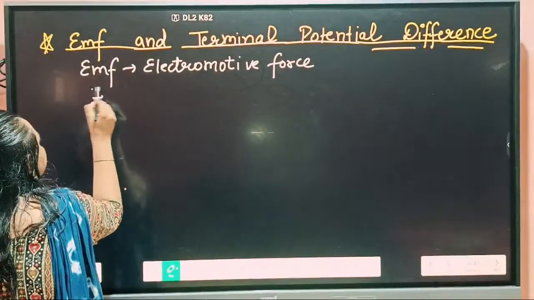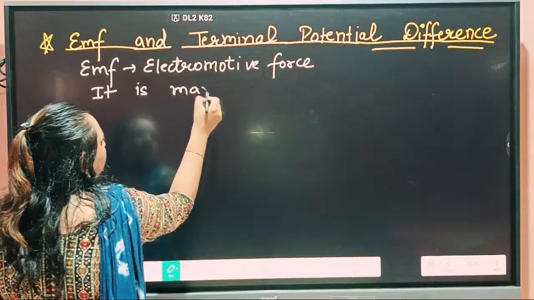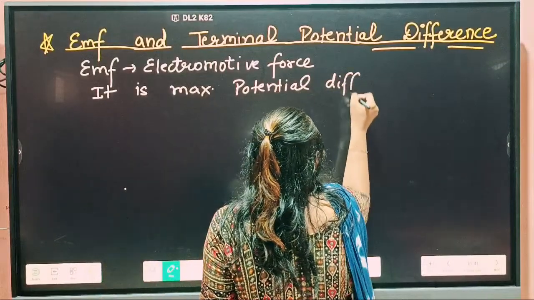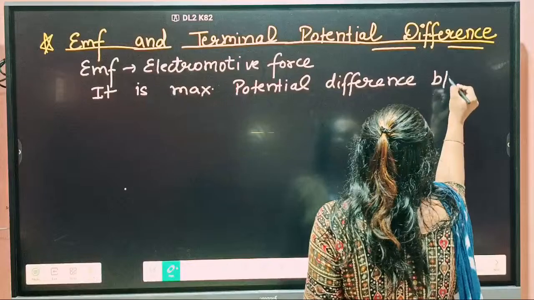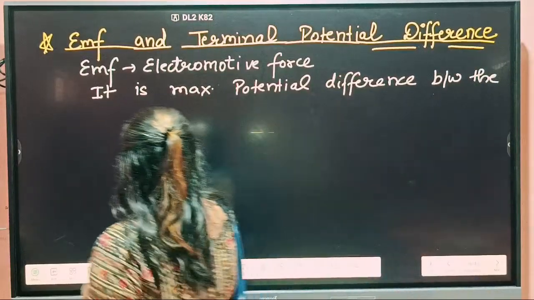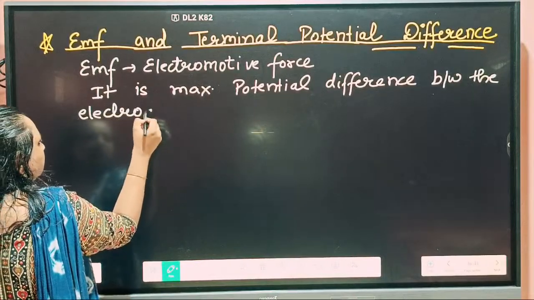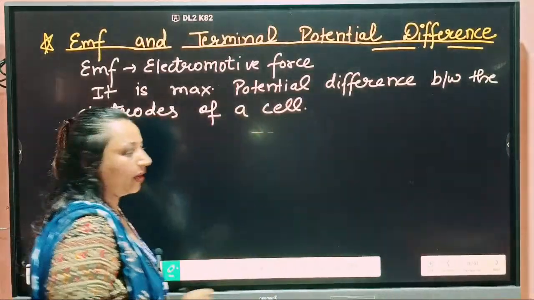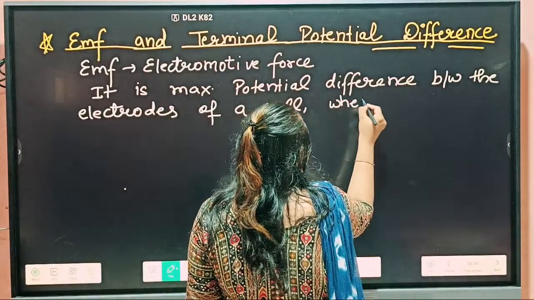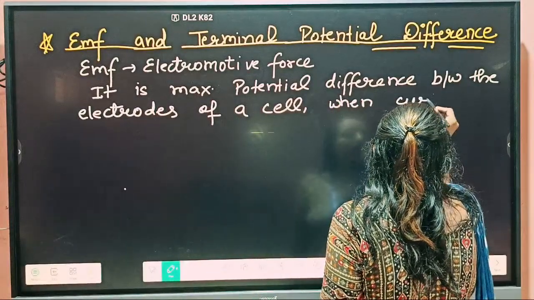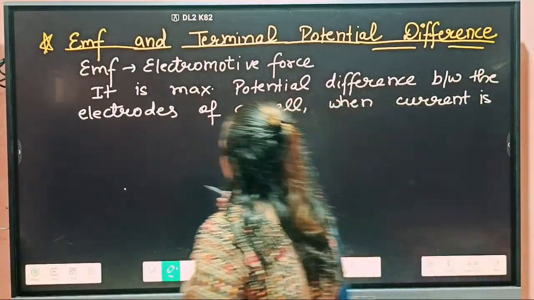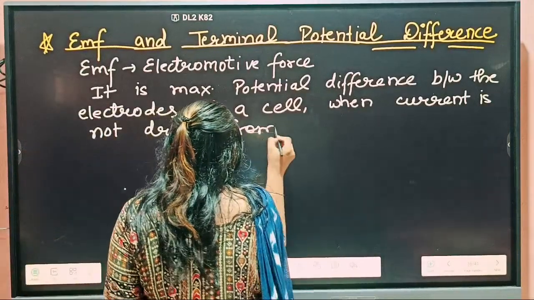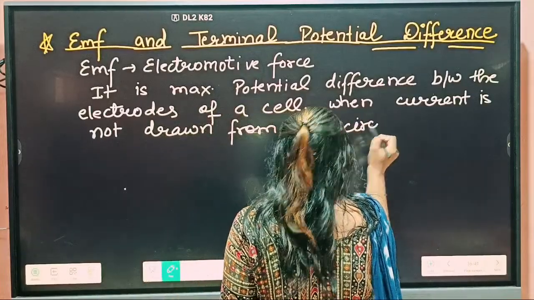It is the maximum potential difference between the electrodes of a cell when current is not drawn from the cell.